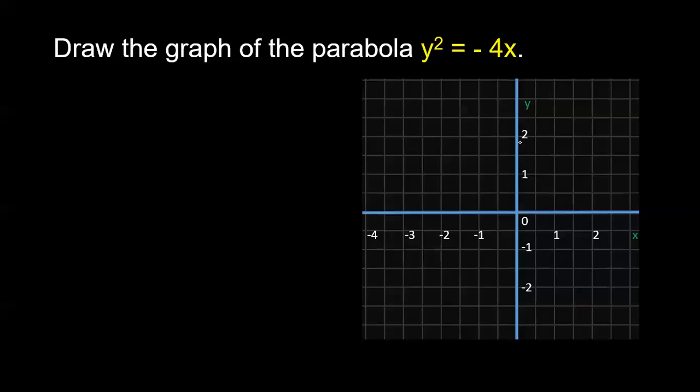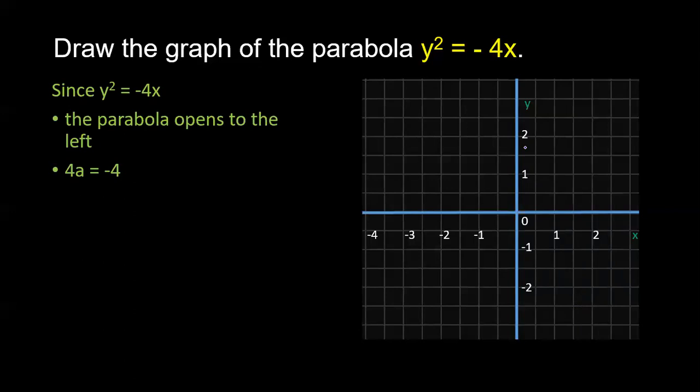Now, the second one, you're asked to draw the graph of the parabola y squared is equal to negative 4x. So since y squared is equal to negative 4x, we know that the parabola opens to the left. Okay, so since 4a is negative 4, then a must be negative 1.